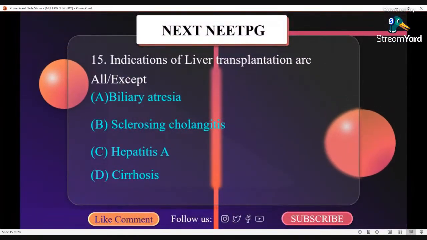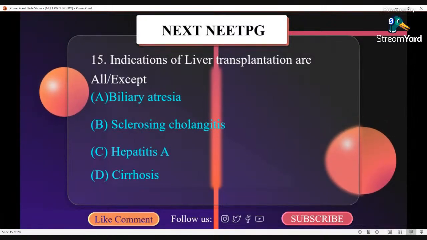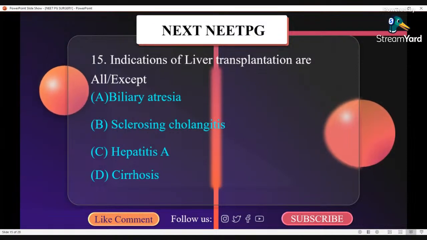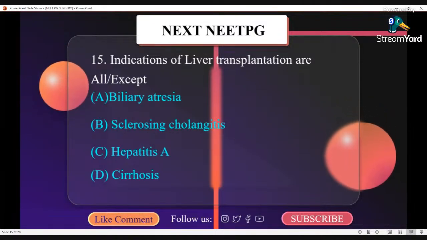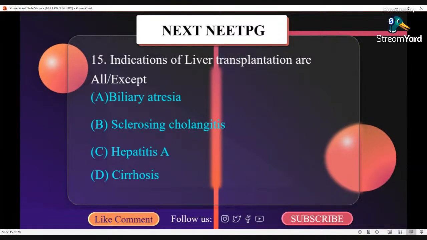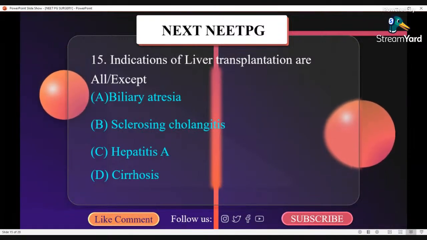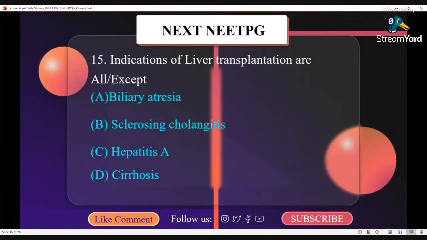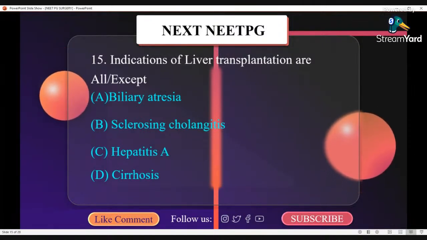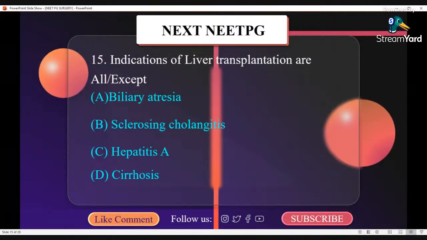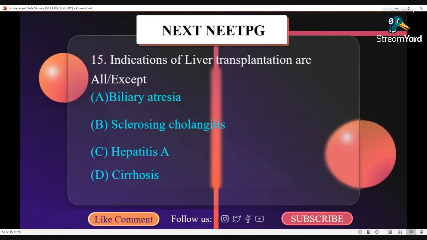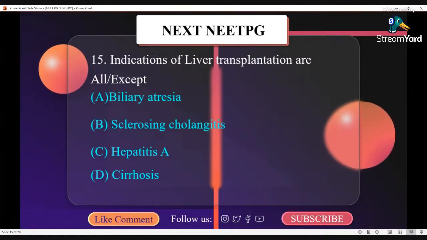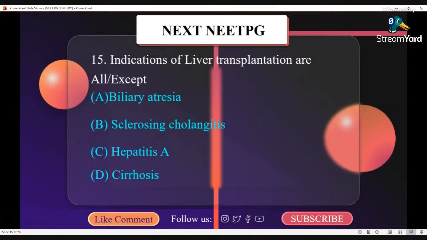Indication for liver transplantation: biliary atresia, sclerosing cholangitis, cirrhosis, C. Hepatitis A. Now, this liver transplantation is a very important question. Liver transplantation is indicated for those children and adults who, in the absence of contraindications, suffer from severe, irreversible liver disease for which alternative medical or surgical treatment has been exhausted or is unavailable. The most common indication for liver transplantation in children is biliary atresia.